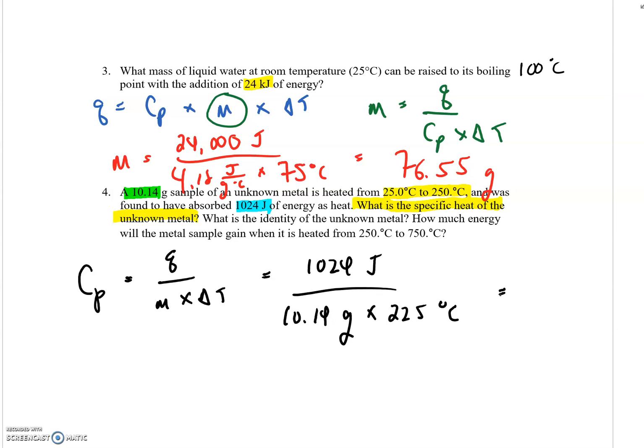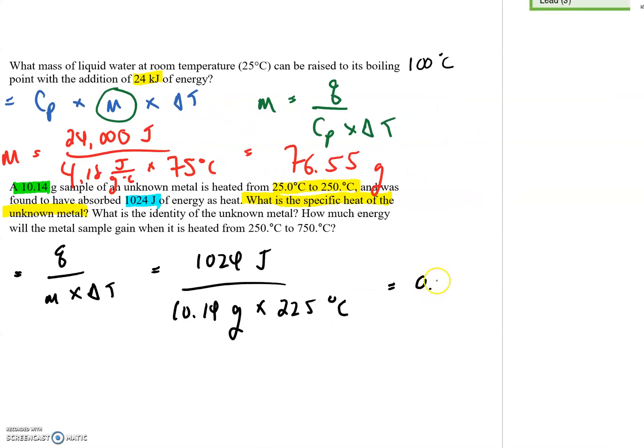And we get 0.4488. Let's round that to 0.449. And notice that none of these units cancel. There's nowhere for them to go. That gives us a value, or excuse me, our units of joules per gram degree Celsius. That's exactly what we want.